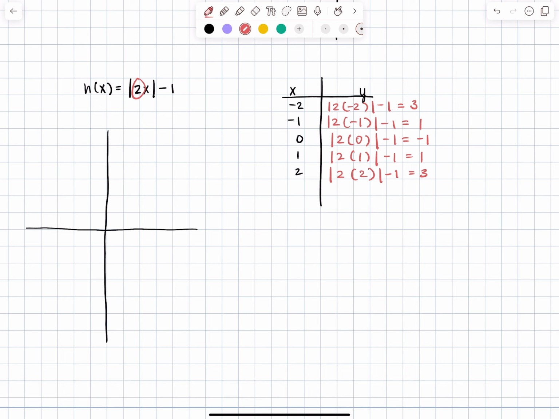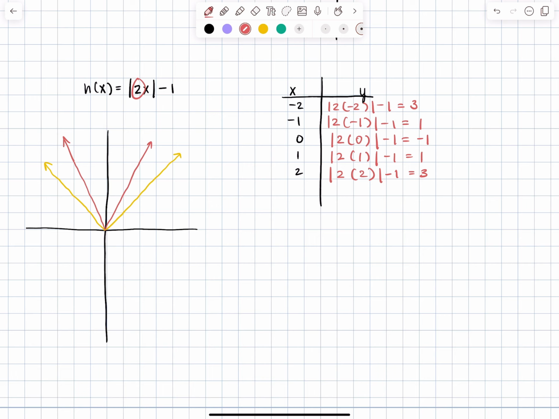So our absolute value function used to look like this, but now we have to stretch it by a factor of 2. So that would look like this. So we're just increasing the slope, if you'd like to say, of both sides by 2. Again, not perfect, but here, let's do this one a little better. Okay, much better. So it's going to look like that.